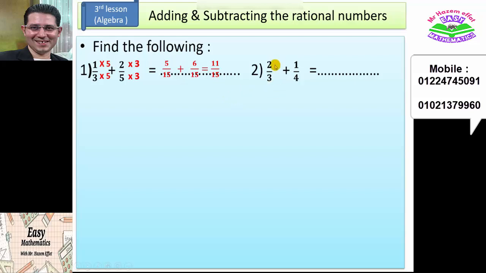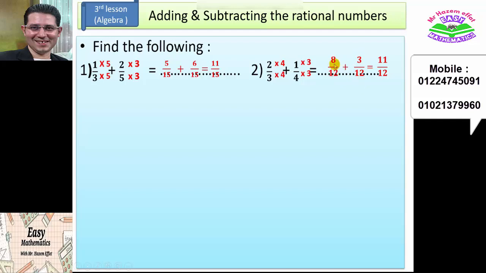The same in number 2, he asked me to add 2/3 to 1/4. At first, as I told you before, we must have the same denominator here. So we must multiply 4 up and down here and multiply 3 up and down here to convert them into two fractions that have the same denominator. 2 multiply 4 and 3 multiply 4, and 1 multiply 3, 4 multiply 3, it will be 8 over 12 plus 3 over 12.